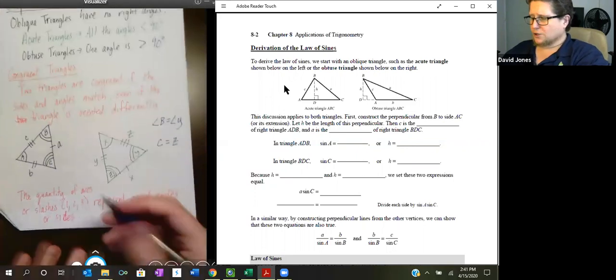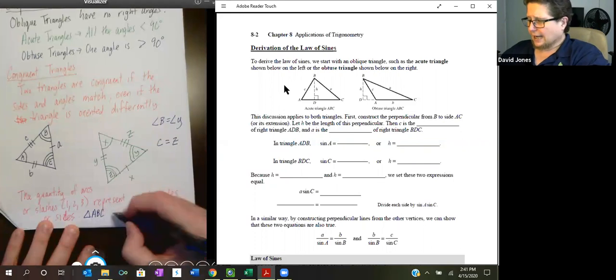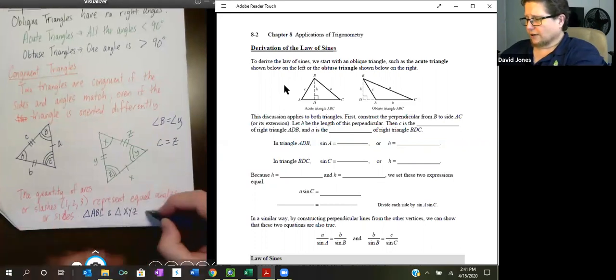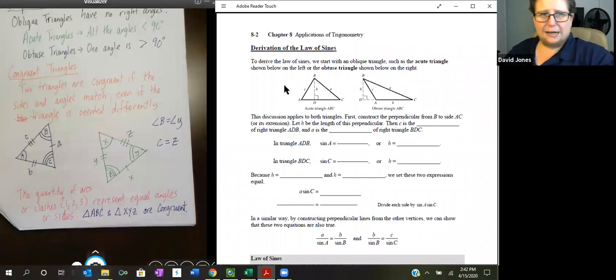When this happens, we say triangle ABC and triangle XYZ are congruent. They're equal, just one's rotated. It's not always easy to see visually. I'm sure these triangles are not equal, but pretend they are. It's hard to sketch an equal triangle.